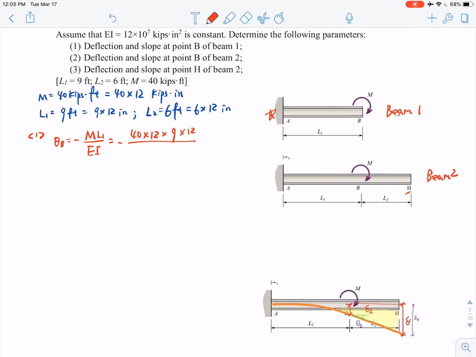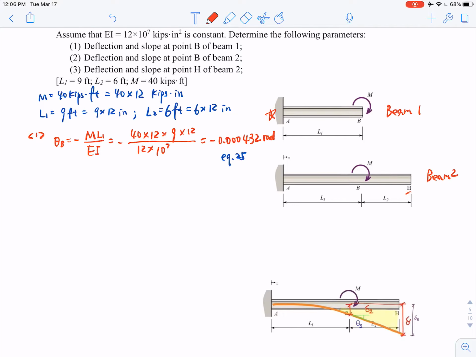So you get 9 by 12. And the EI is 12 by 10 to 7th. The results will be negative 0.000432 radian. And here we use equation 25.